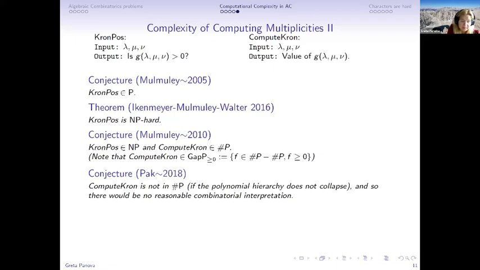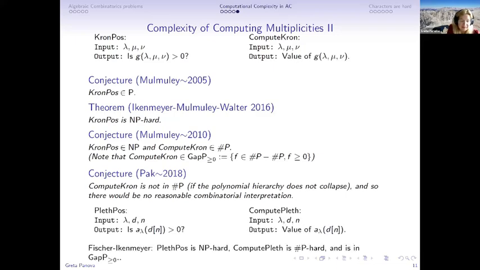And there is the counterpart conjecture from Igor, who thinks that they're not in Sharp P. The same thing can be asked for the Plethysm coefficients, which we can formulate in this way. So these are all open problems.